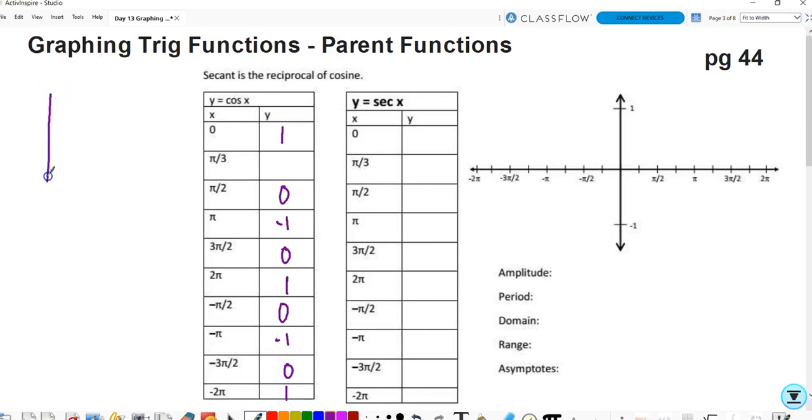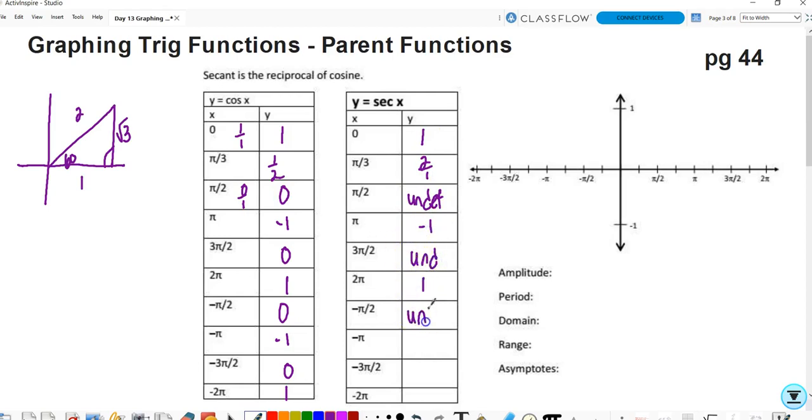Now pi over 3, which is 60 degrees. Let's see, that's 1, 2, √3. Cosine is a half. So again, when we reciprocal everything, that's 1, that's 2 over 1. Undefined, -1, undefined, 1.